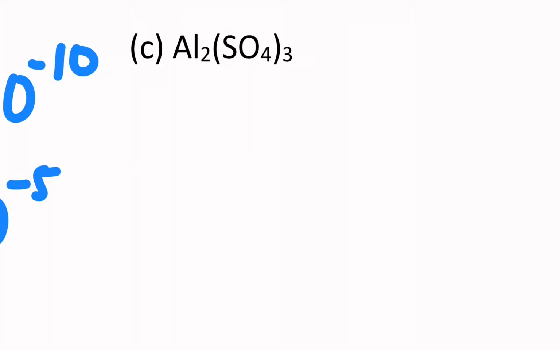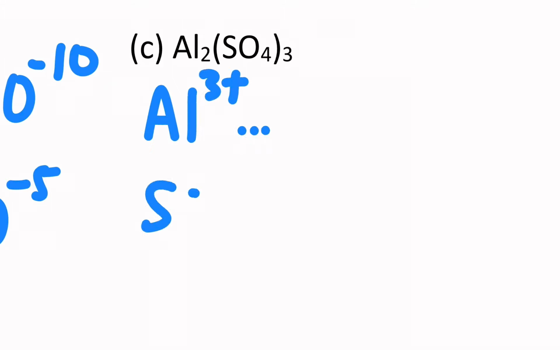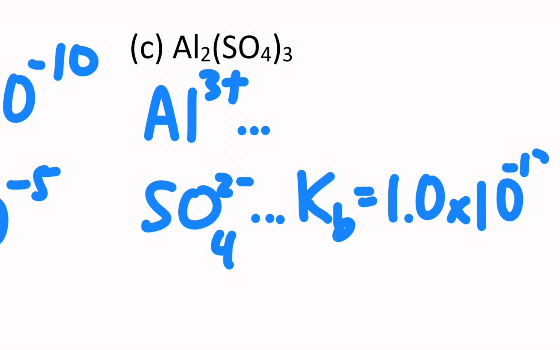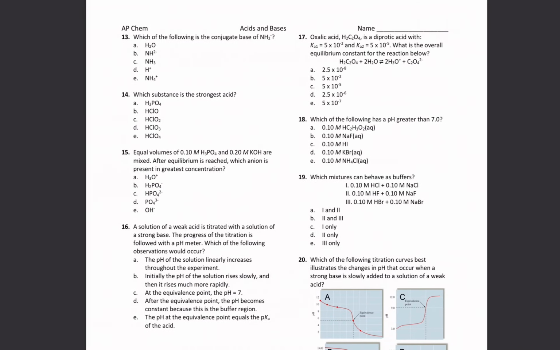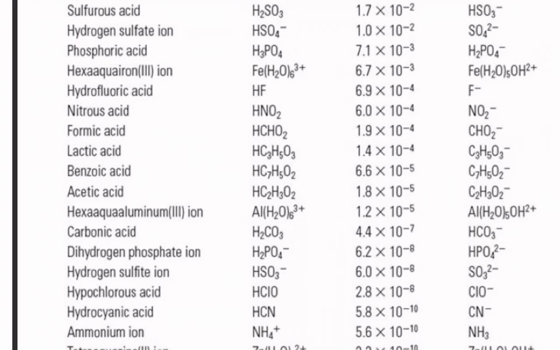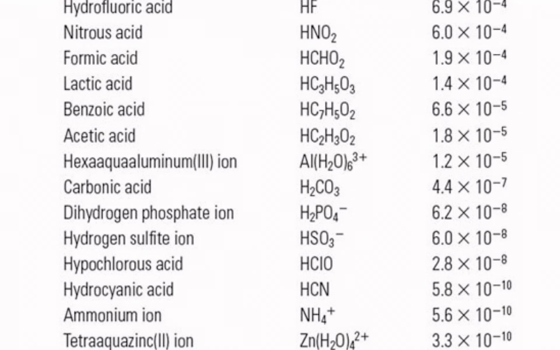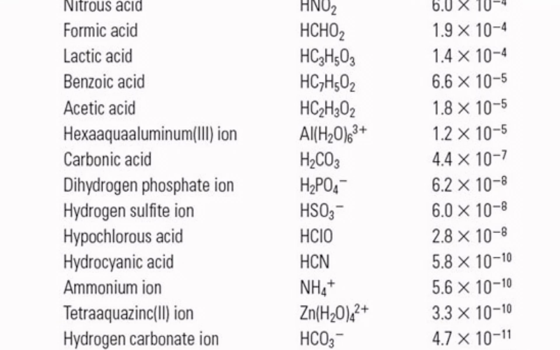Lastly, let's check aluminum and sulfate. Sulfate has a Kb we just saw a moment ago, 1.0 times 10 to the negative 12. When you look at aluminum, it might be hard to find it at first, but aluminum is acidic because of its ability to form a complex ion. There is what's called the hexa-aqua aluminum ion.